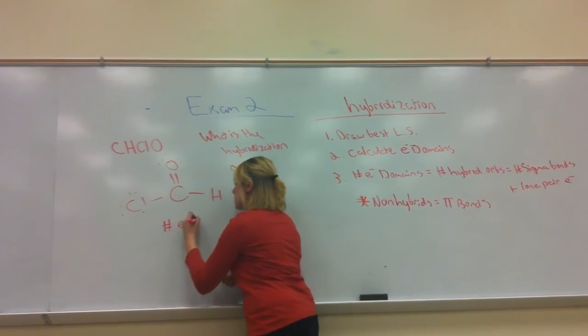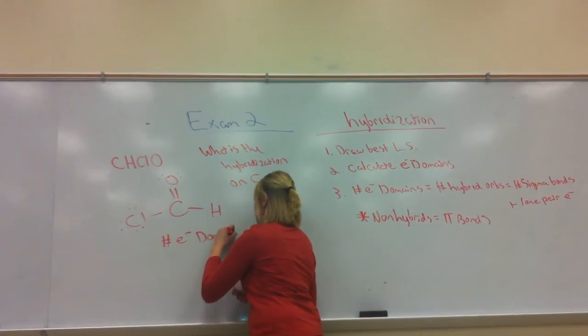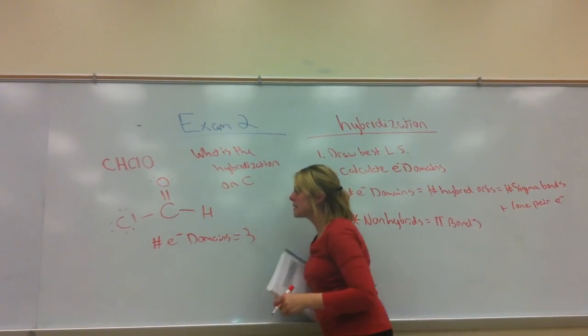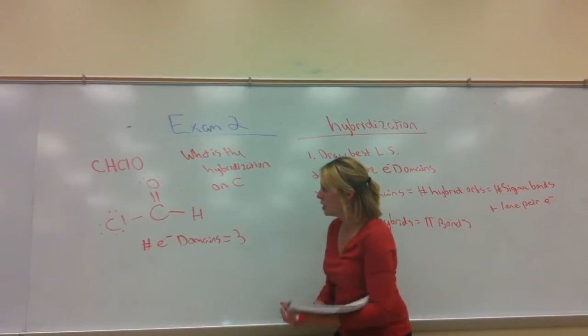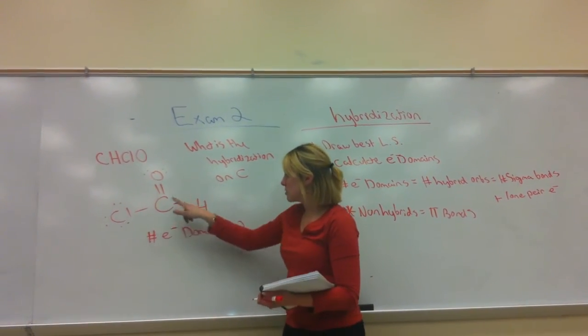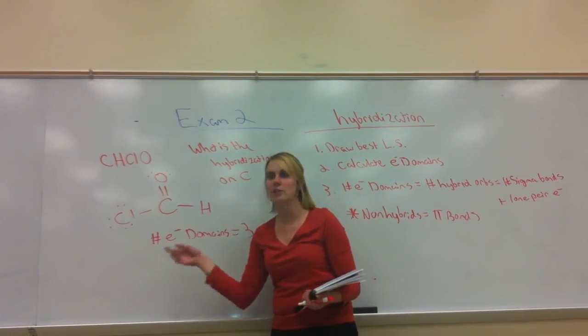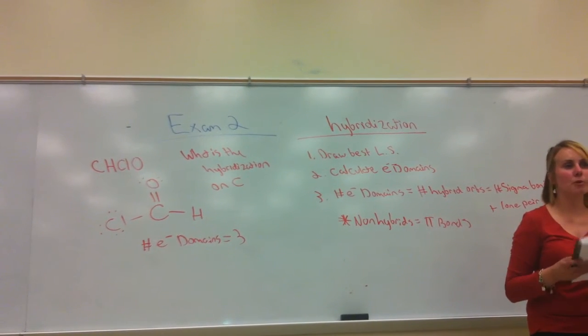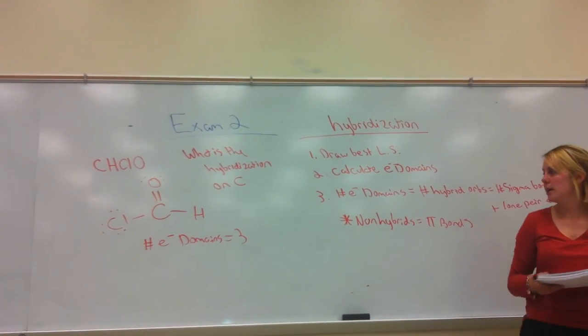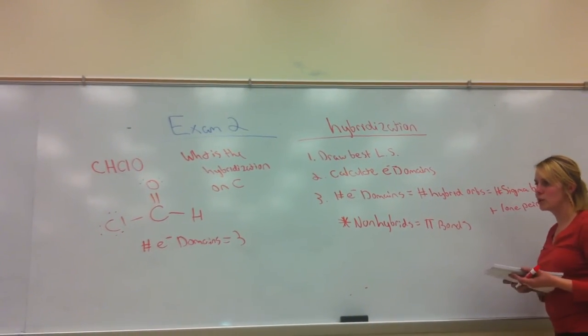Number of electron domains equals 3. Why? Because I have 3 locations in space where carbon's electrons are located. I have some right here, some right here, some right here. Add it all together, I have 3 electron domains. So if I have 3 electron domains, how many hybrid orbitals am I going to create? And how many sigma bonds or electron lone pairs should I have?